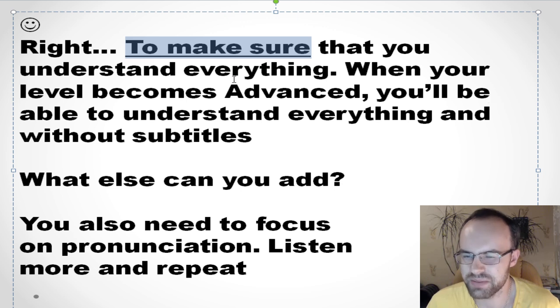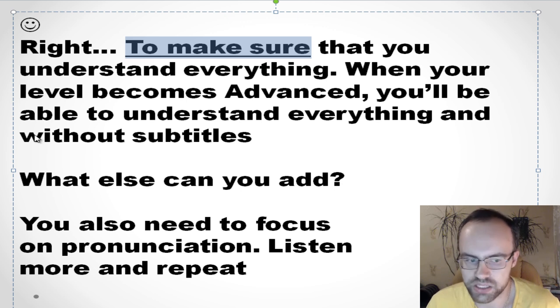It will be okay, but first, if you understand 50% or 70%, it isn't enough. So you need to understand 95%, 90%, and only after that it will be comfortable for you to watch or listen without subtitles. But first you need to see the text, okay?